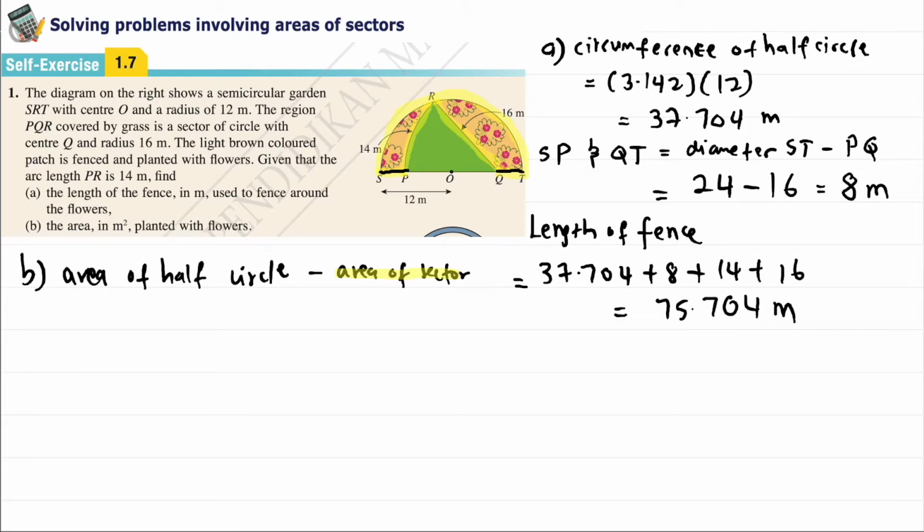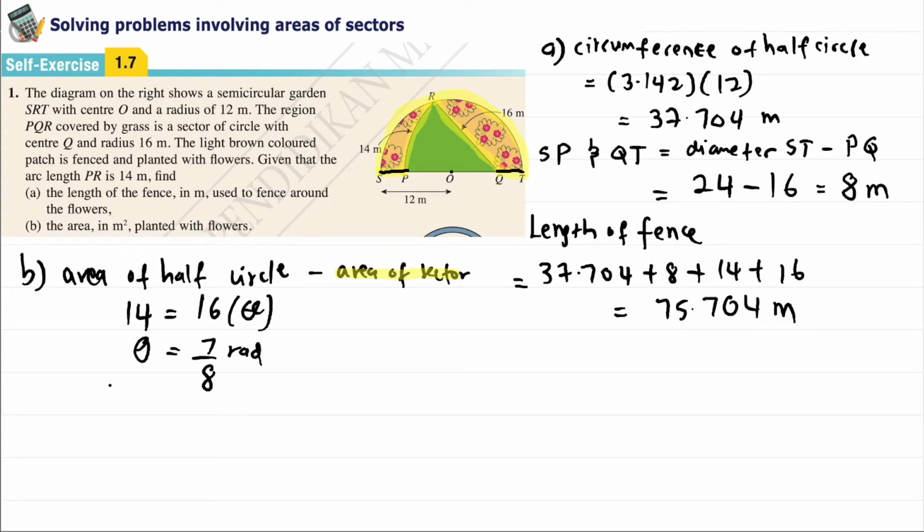So, you have to find the angle first. So, we have the length of arc already. So, 14 equals to R is 16. Then this one is theta. So, you need to find the theta first. So, the theta is 7/8 radian. Settle.